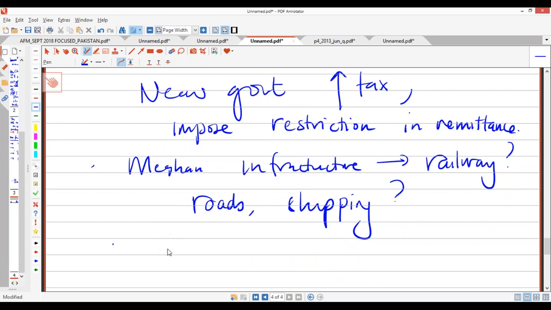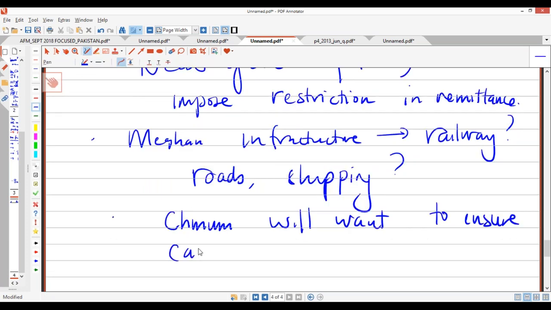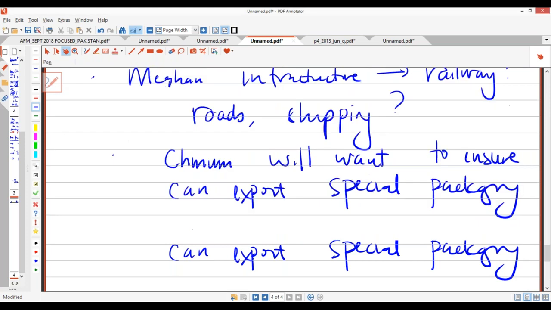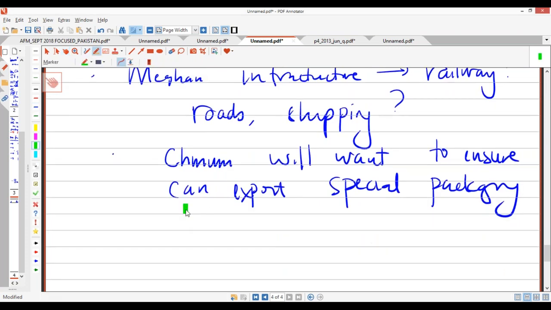Kimura will want to ensure it can export special packaging without restriction.